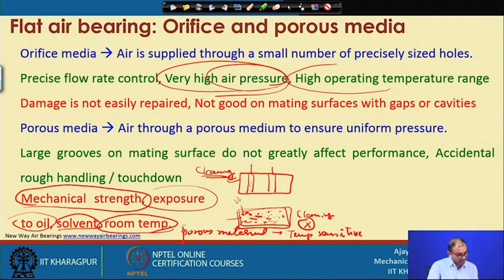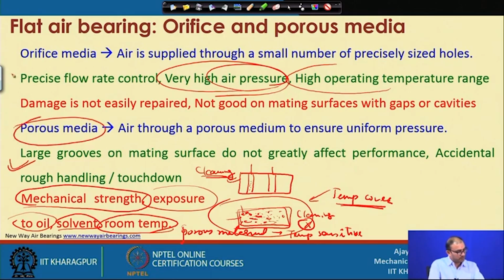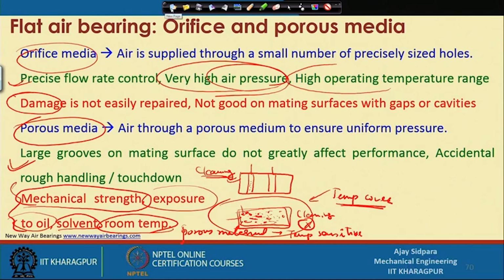If you want to operate at high temperature, what you have to do is provide a localized temperature cover, so that you maintain that particular temperature throughout the operation. So, we can see here that some of the things are good for the porous media, some of the things are good for the orifice media also, but both have some disadvantages. So, depending on the application or where you want to use this, the choice is different.